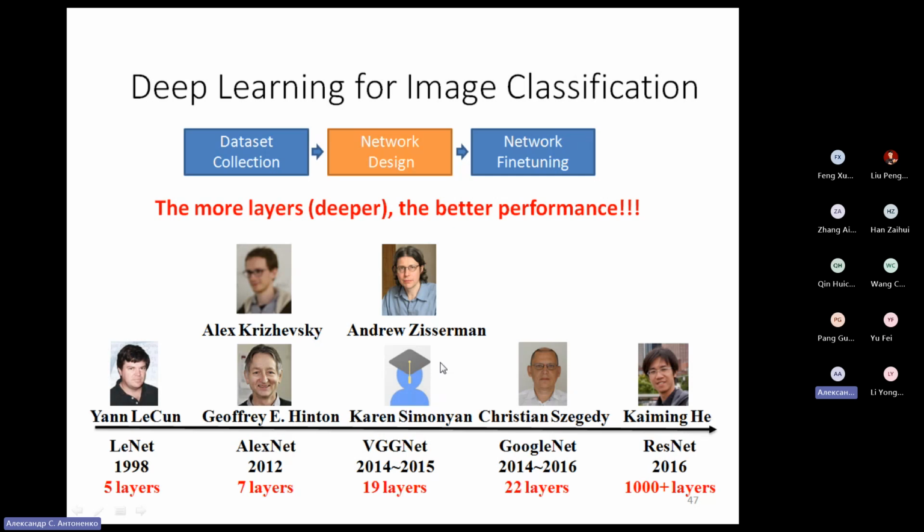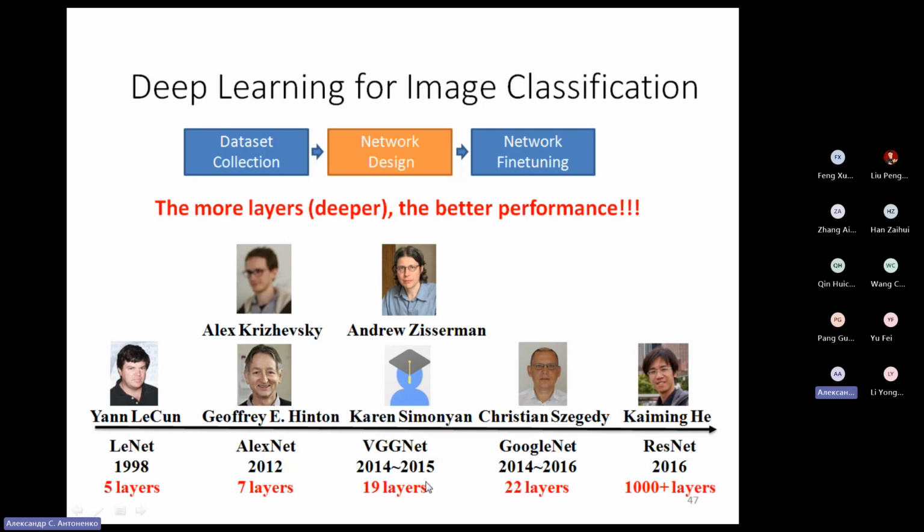So let's consider some examples through time. The first known deep network, LeNet, with 5 layers. Then AlexNet, 16 years later, so a very big time gap between these, with 7 layers.